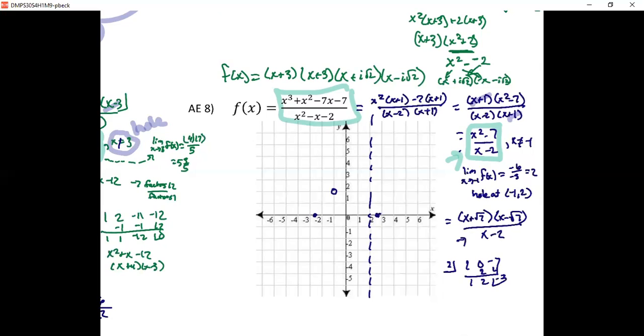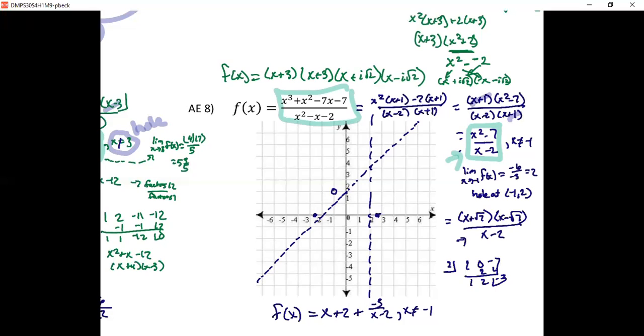So what that means is we could also write f of x as x plus 2 plus negative 3 over x minus 2. Don't forget, x is still not allowed to equal negative 1. So that means my slant asymptote is y equals x plus 2. So y equals x plus 2. Here's my slant asymptote.